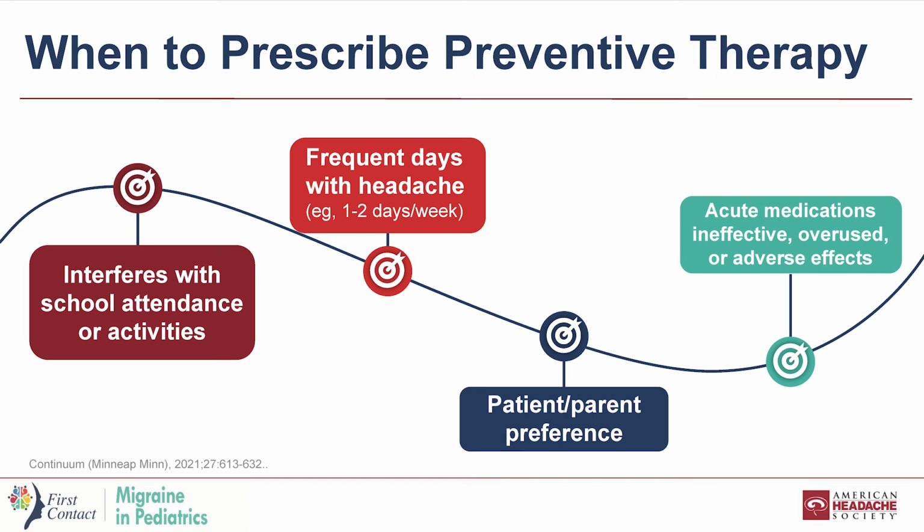Other times, people are overusing medications. They're feeling like their acute medications are ineffective, or they don't tolerate acute treatments very well. And so they may not have that frequent of attacks, but when they do have them, you're at a loss of how to manage them very effectively or comfortably for the patient. So you want to try to decrease the number of attacks, despite that the number is not as high as you might use for that 1 to 2 days per week.